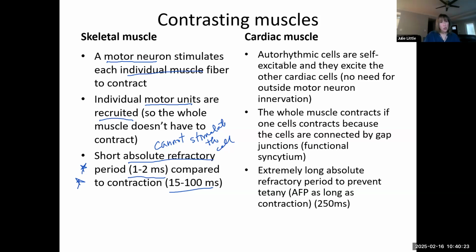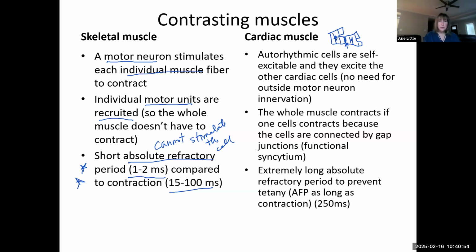Let's go over here to the cardiac muscle and compare it to skeletal muscle. Because the cardiac cells are connected to one another at intercalated discs, right here, and those intercalated discs add to the striations.